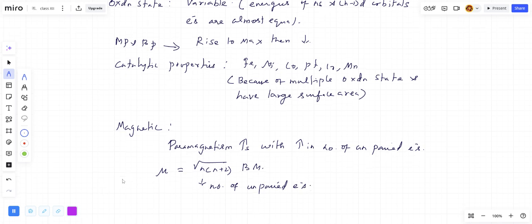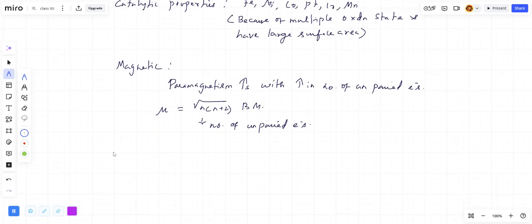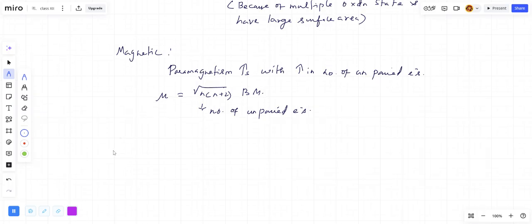Then it also forms complexes. Complex formation is one of the important properties of these elements. They have a tendency to form complex compounds due to the high charge on the transition metal ions and the availability of d orbitals for accommodating electrons donated by ligands.